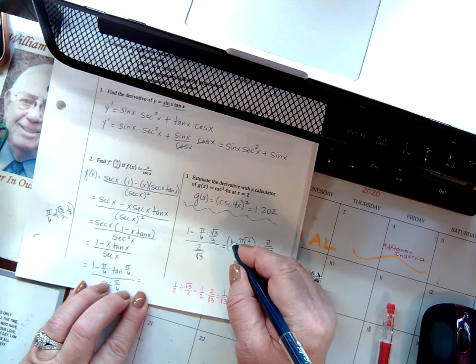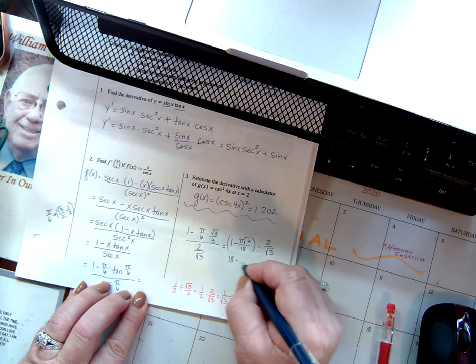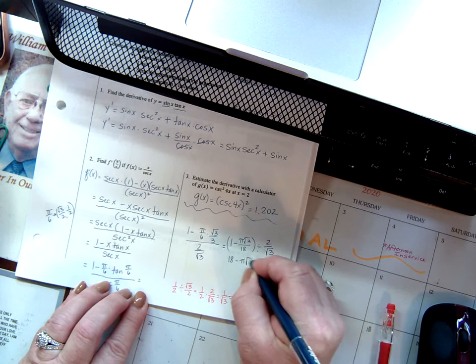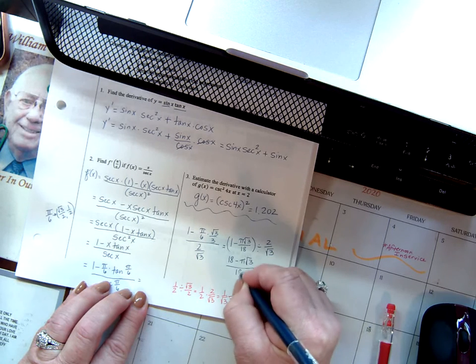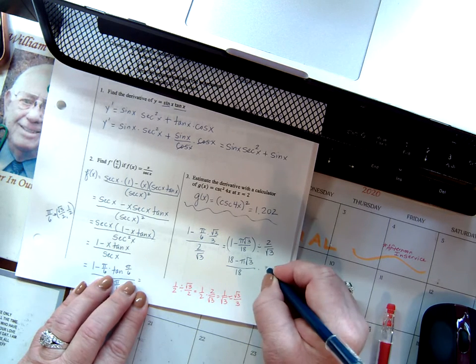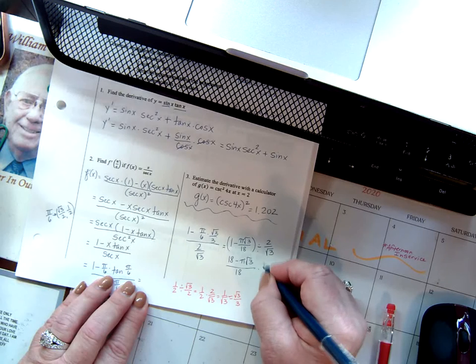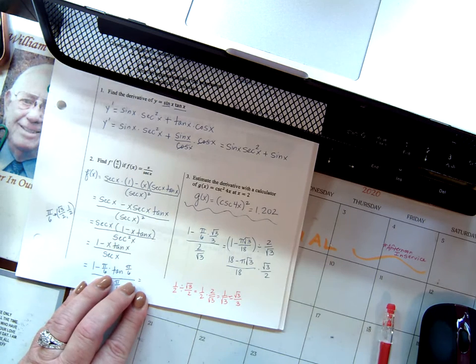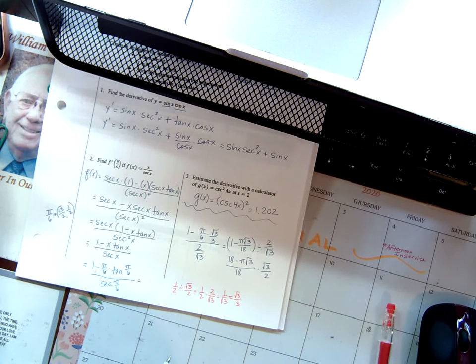So it's going to be 18 minus pi square root of 3 all over 18 times, flipping this guy, square root of 3 over 2. Why is this totally different than what I got when I did it on my own? Oh, I know why.